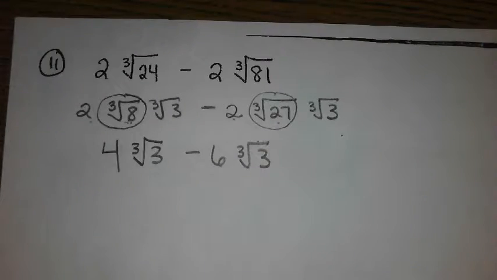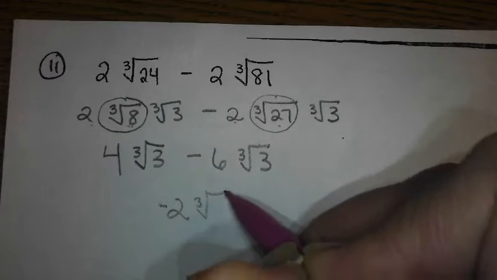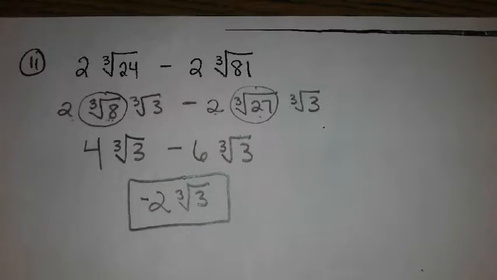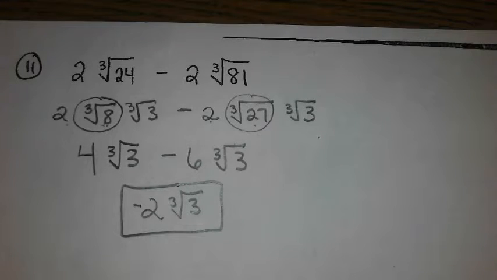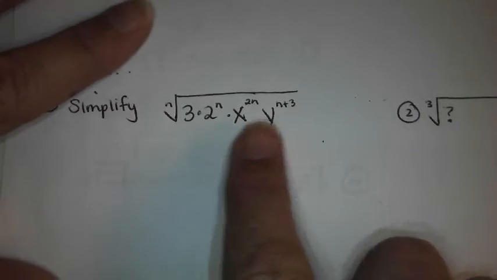And 4 of these things minus 6 of these things is how many total? Negative 2 of these cubed roots of 3. Good? We're actually not going to do that last question, but I have a curious question for you here.